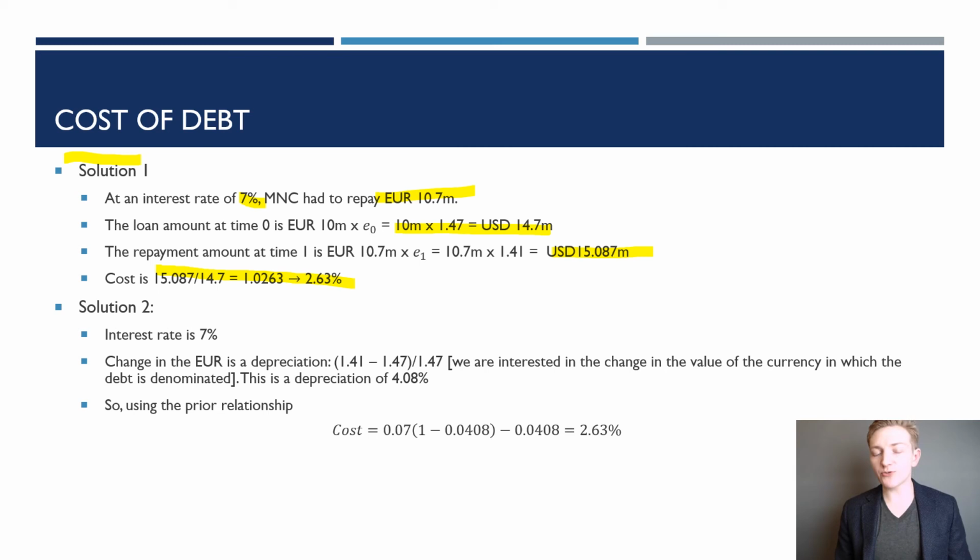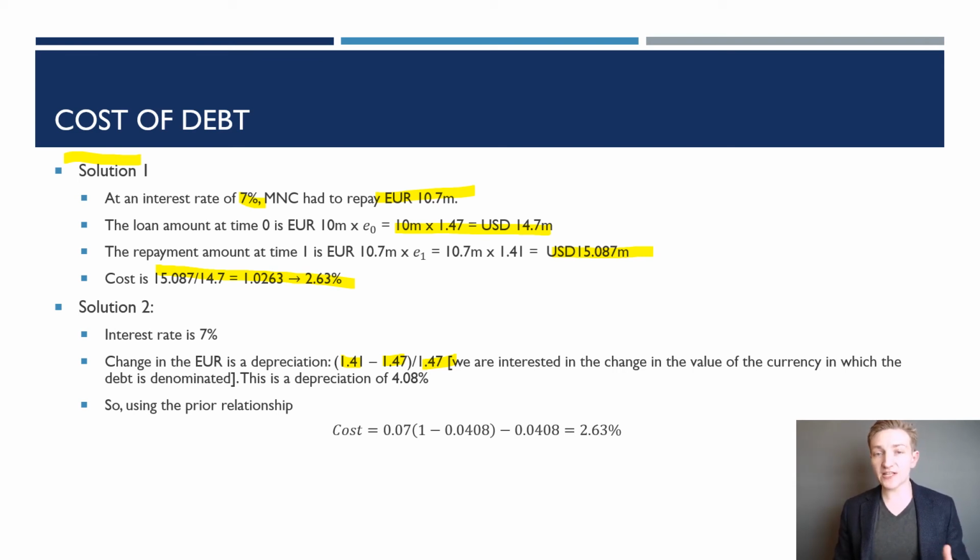The second way is to use the formula. To use it, we first need to look at the change in the euro. The change in the euro in percentage terms is 1.41 minus 1.47, all divided by 1.47. Put differently, you're looking at the percentage change in how many dollars a euro will buy you. That's the C part of our equation. The R part is 7%.